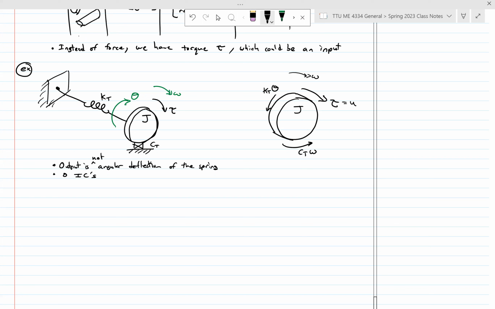It's not equilibrium. If it was equilibrium, this would be 0, right? We're just applying Newton's second law: J omega dot. If it was equilibrium, there'd be no derivatives with respect to time. These forces are not necessarily canceling each other out. We do have some motion. So J omega dot is equal to what?